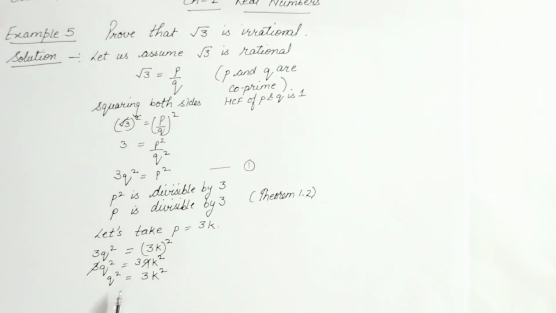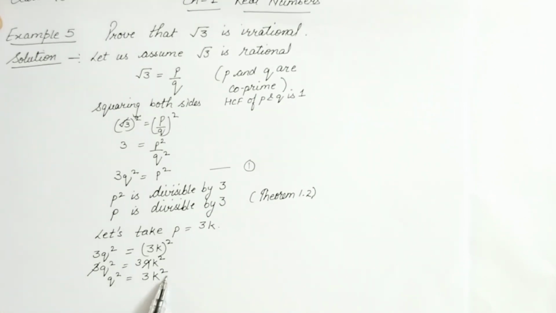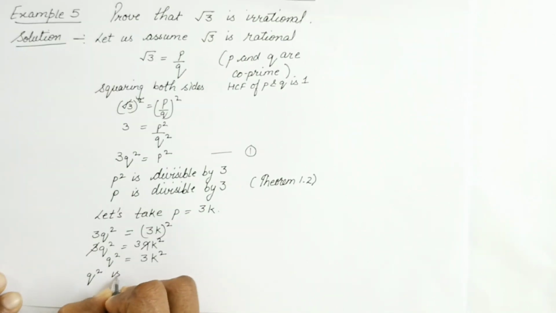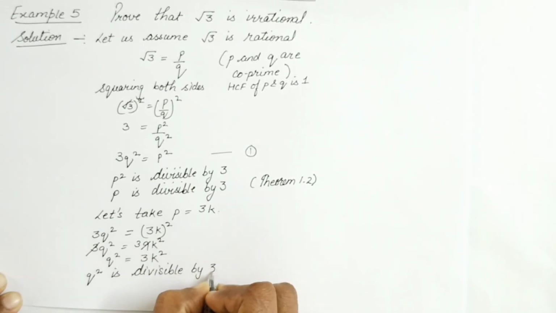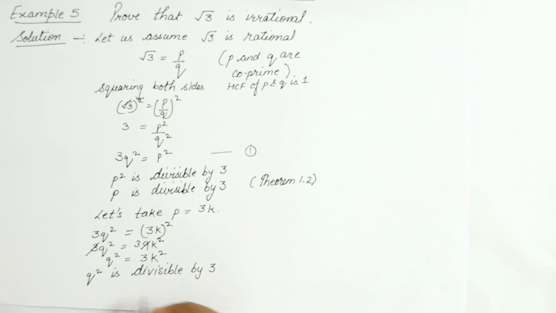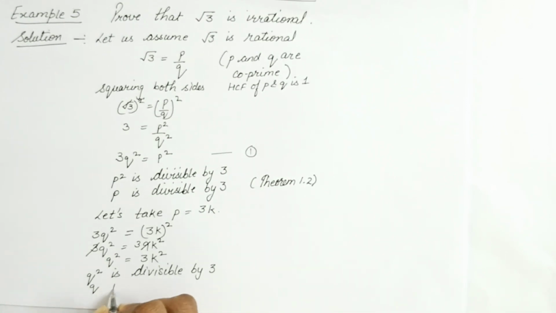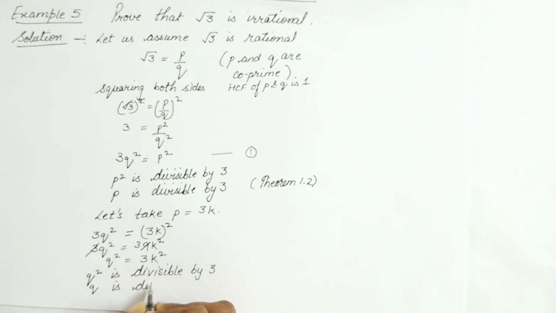Now you can see q square is equal to 3k square means q square is a multiple of 3, means q square is divisible by 3. And by theorem 1.2, I can say that q is also divisible by 3.